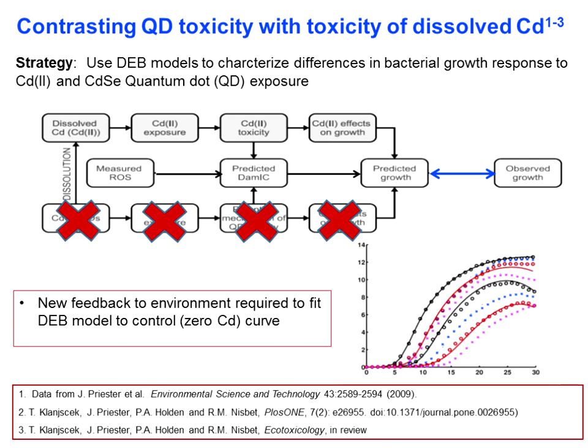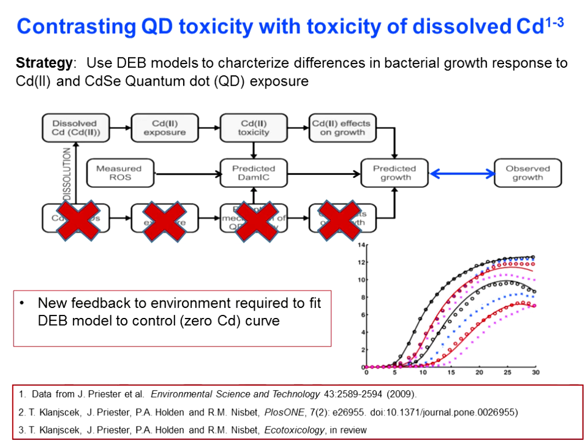And the strategy that was used by Priester and Holden and collaborators, that is quite common in this type of study, was to contrast the response of the populations to quantum dots to the effects on population growth of exposure to the same amount of dissolved cadmium.